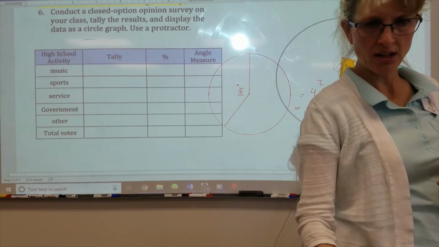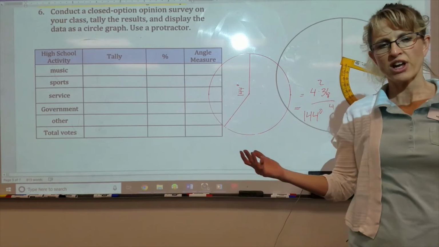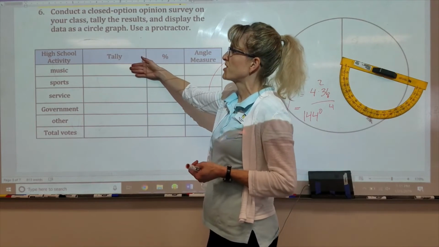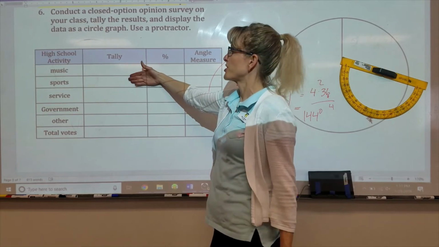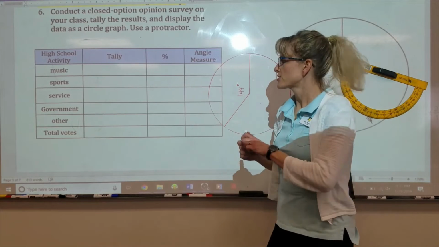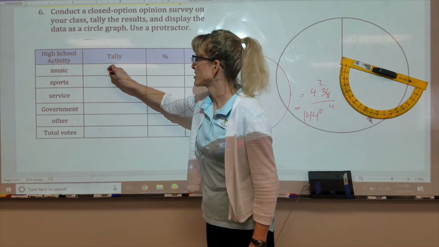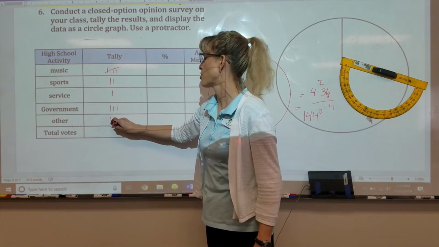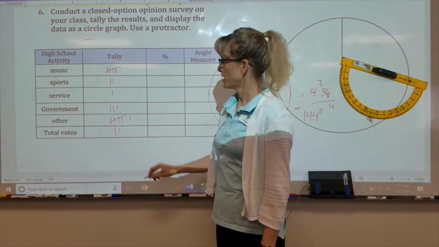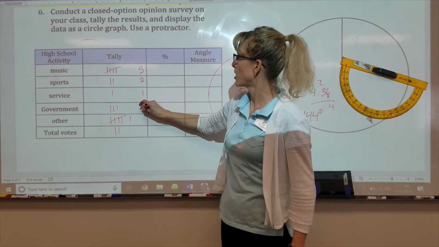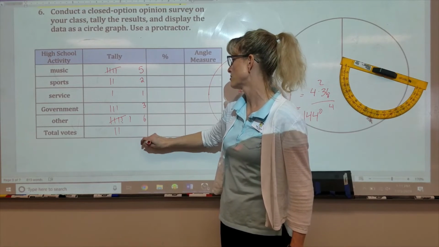So in our survey for the class, we could do music, sports, service, government, and take a tally of how many students in high school want to go into music, sports, service. And then how do you figure out the percent? If you've got all these tally marks, maybe we have a small class, and we've got 5, 2, 1, 3, 6, and 2.